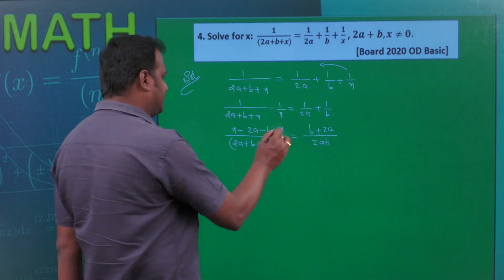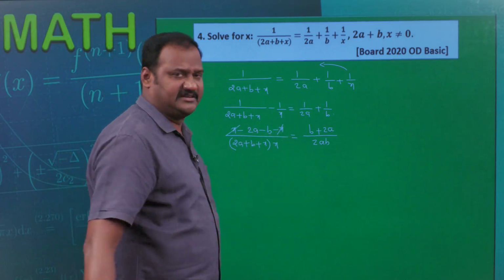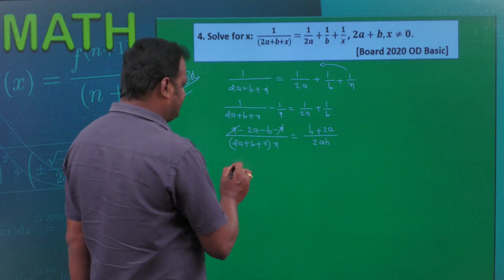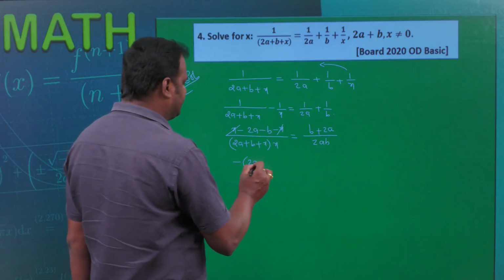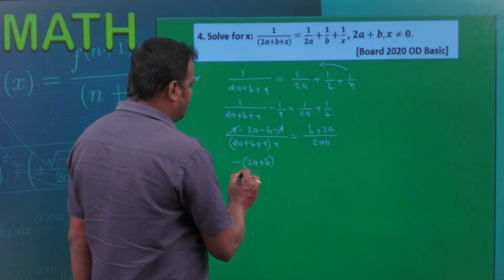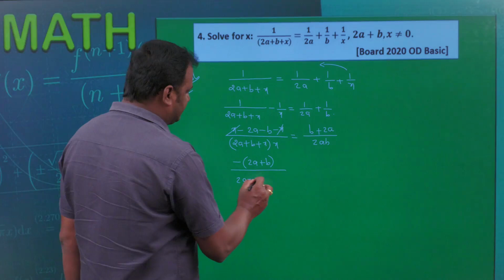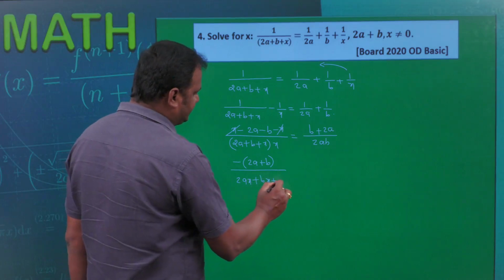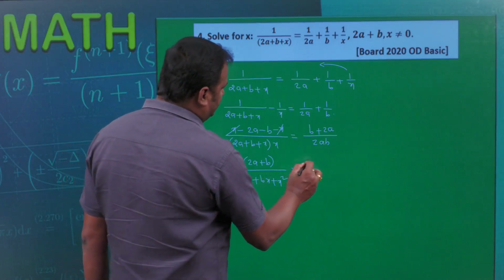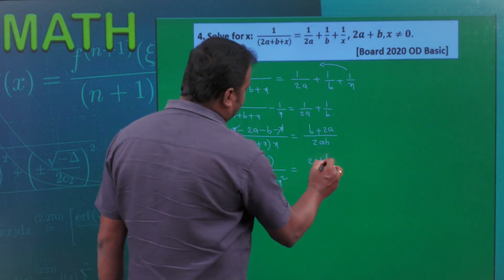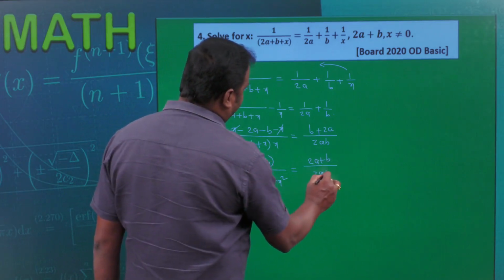If you observe here, minus x plus x gets cancelled. This is minus 2a minus b, so I am taking one minus common, it would be 2a plus b whole divided by this, which is 2ax plus bx plus x square, is equal to, I am writing it in the standard form, 2a plus b divided by 2ab.